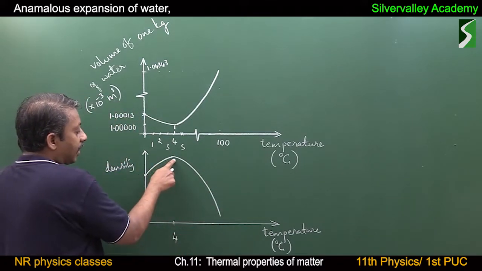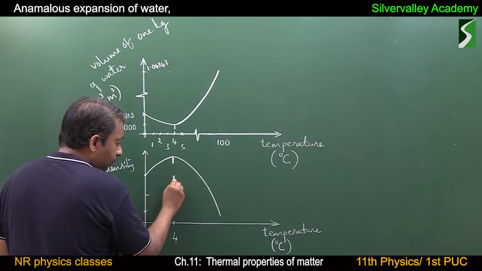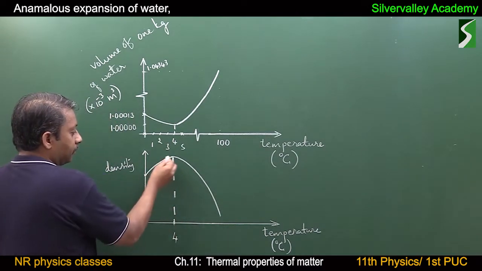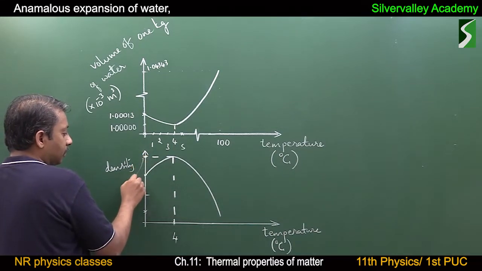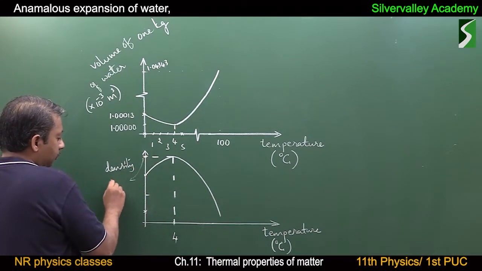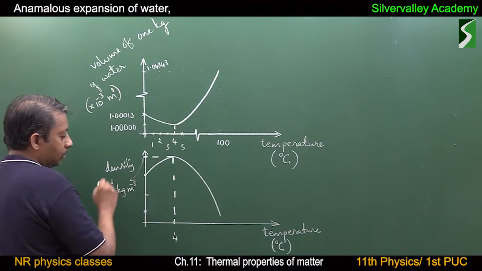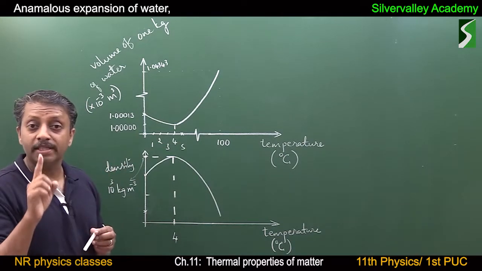So this is a graph of density versus temperature, and density is maximum at 4 degrees Celsius, and this value is 1000 kg per meter cube. So density of water is 1000 kg per meter cube, 1 gram per cc.